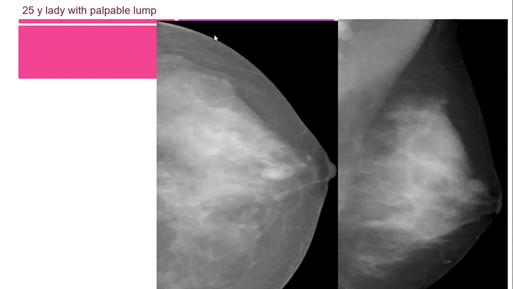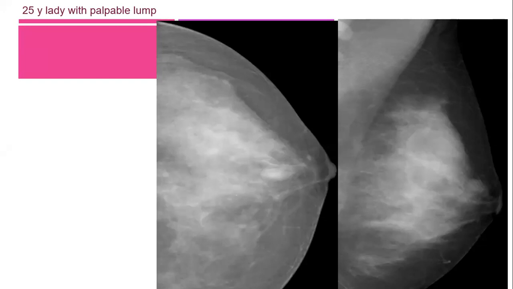But on the craniocaudal view, I see the upper part of the mass has some spiculation, or it could be obscuration by adjacent parenchyma. So we have to look at the adjacent retroareolar area. I think it has mild thickening of the retroareolar area.